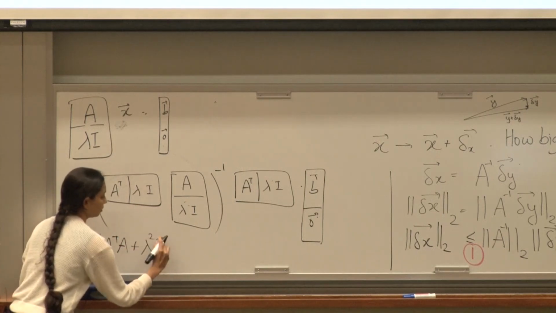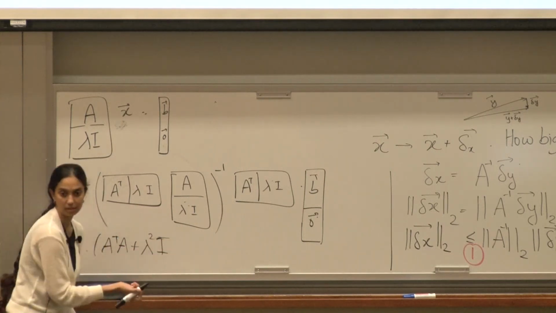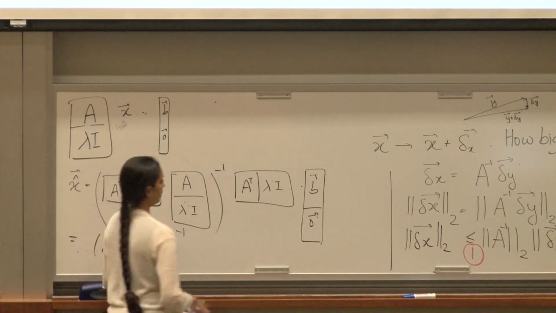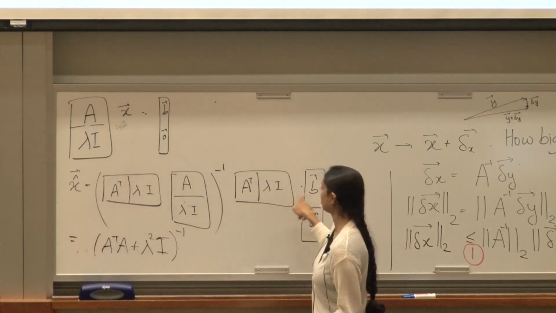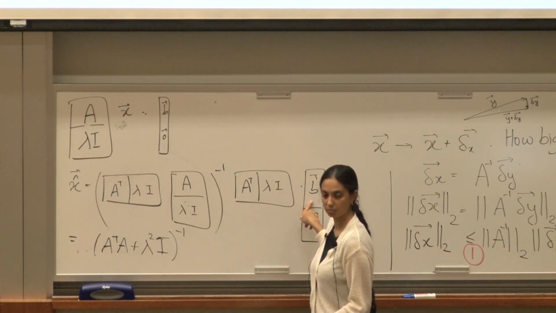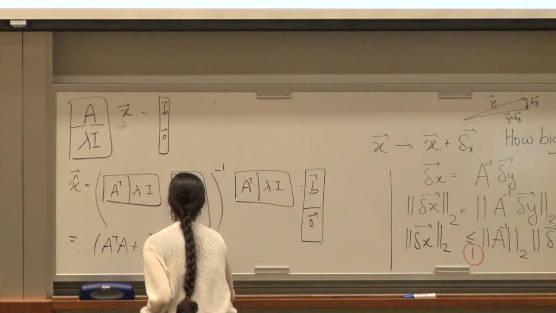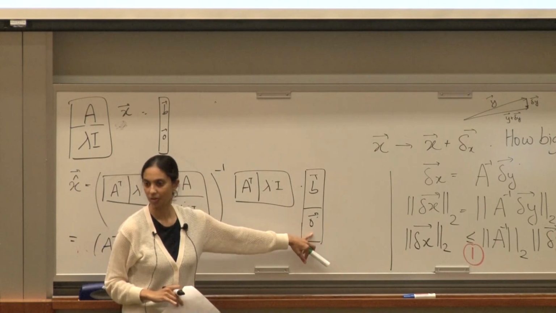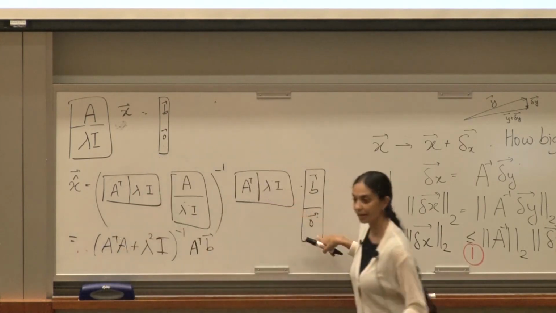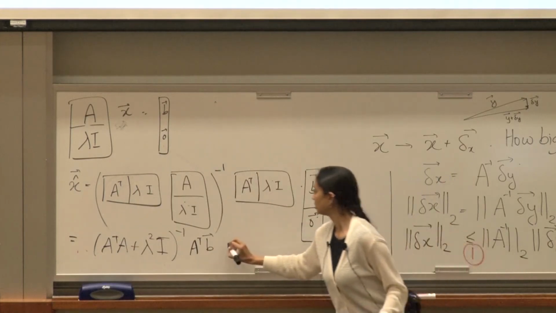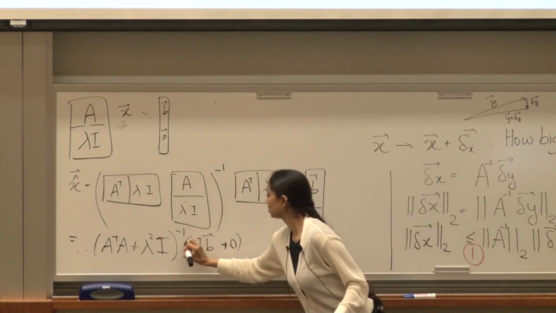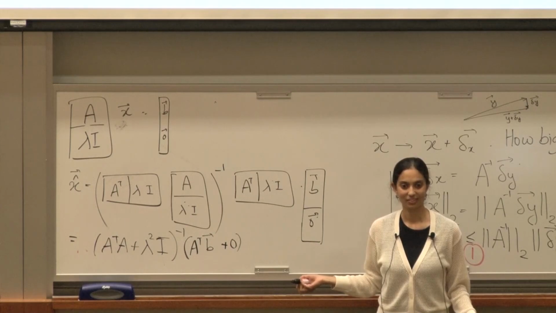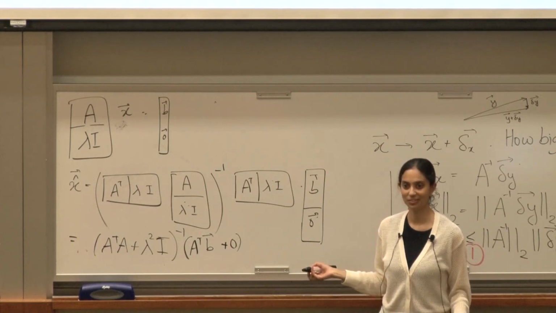Lambda squared I squared, but I squared is equal to I, the identity. And then this times this, I get A transpose times b plus lambda I times 0, which is, again, the ridge solution.